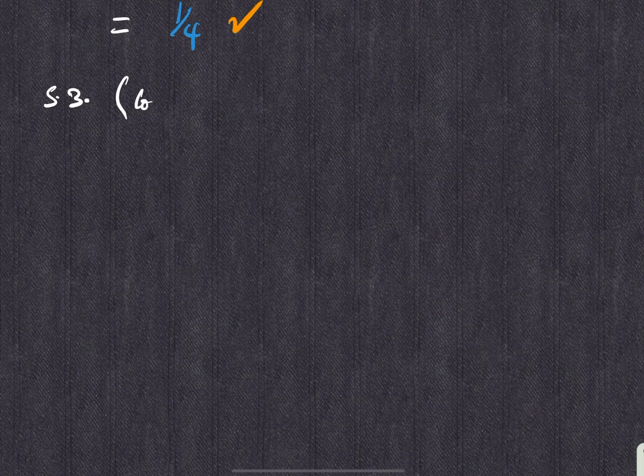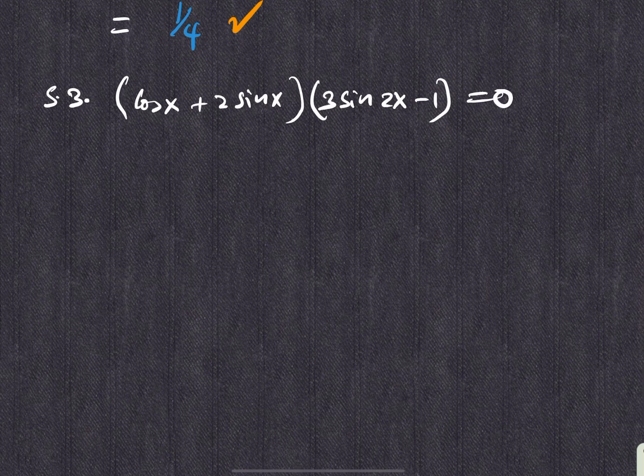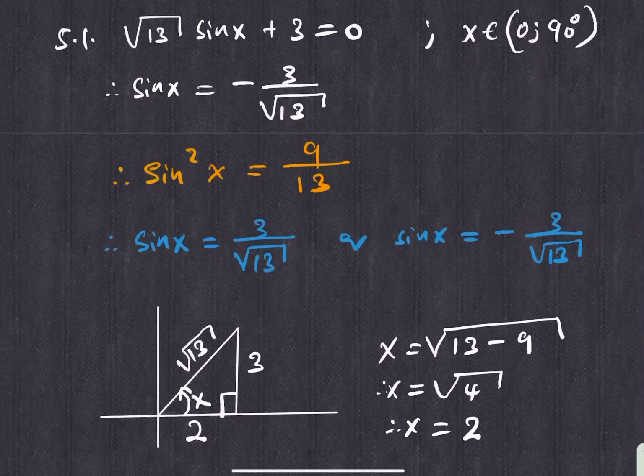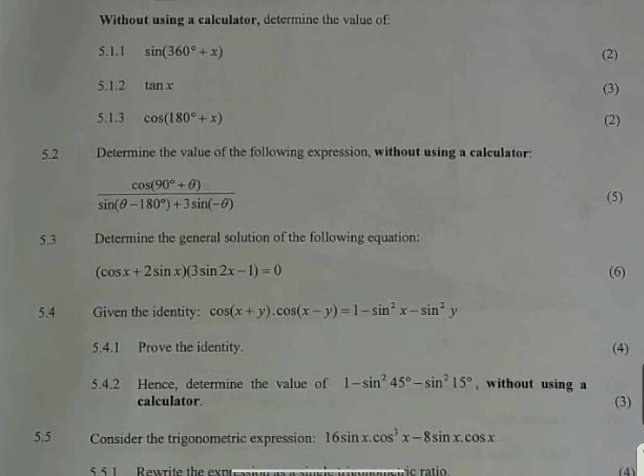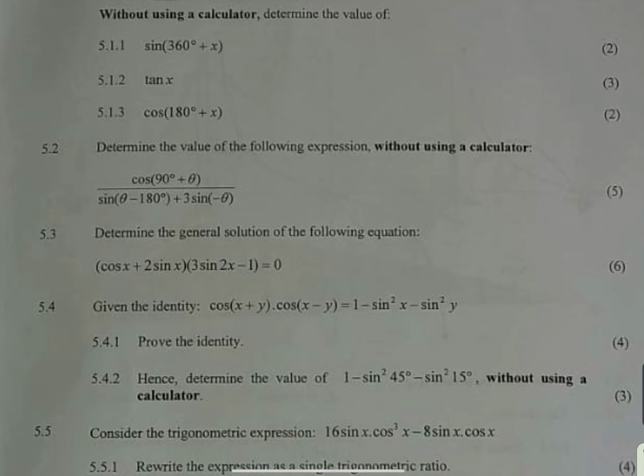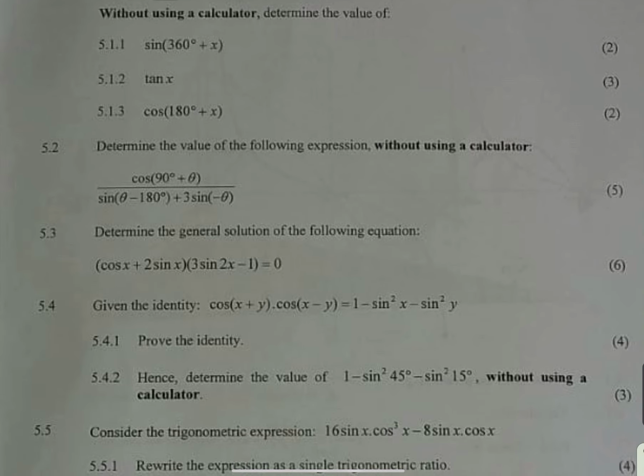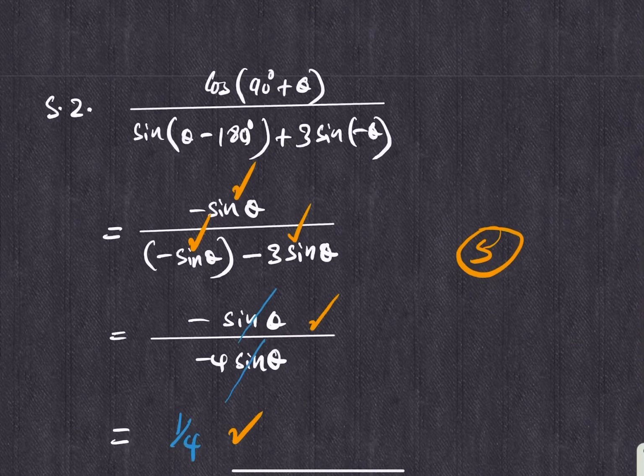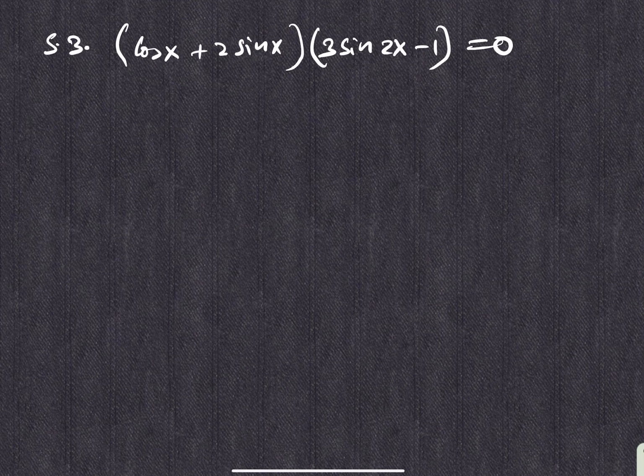This is going to be cos x plus 2 sine x into 3 sine of 2x minus 1 is equal to 0. Let's just confirm that. So we want to find the general solution of this.